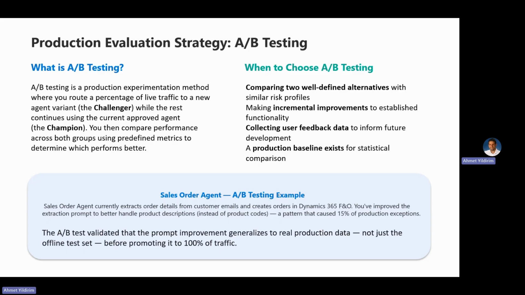The sales order agent example on the slide shows this in practice. The team improved the extraction prompt to handle product descriptions instead of just production codes, a pattern that was causing around 10-15% of production exceptions.